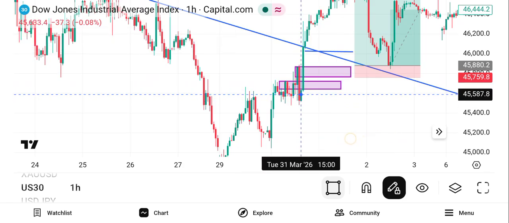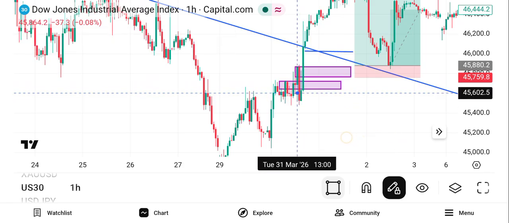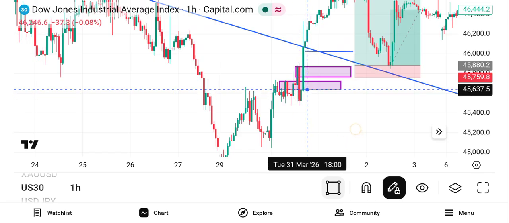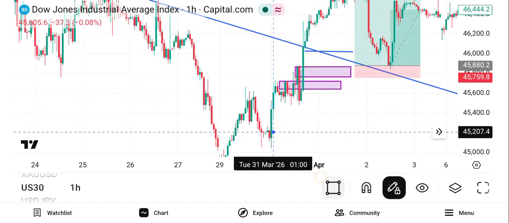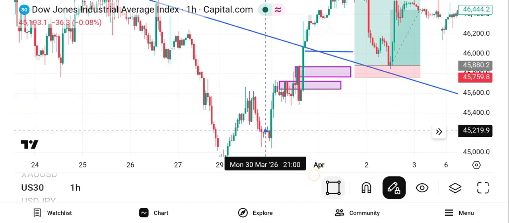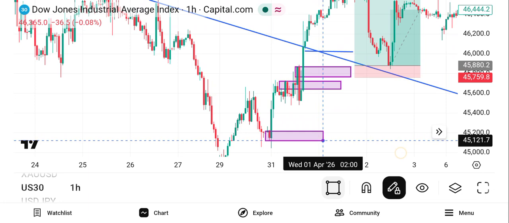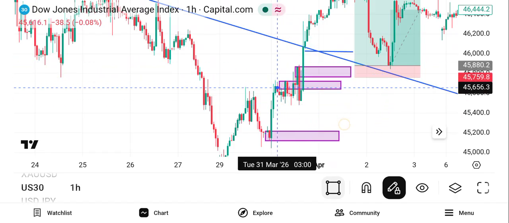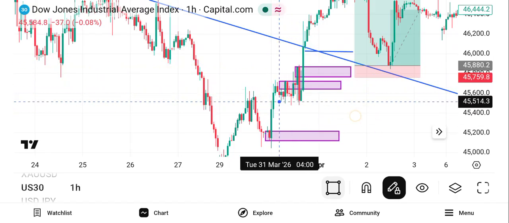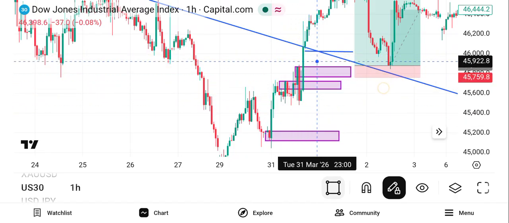There is another POI here, this other block here, but I'm not going to mark it since it's embedded in this one. Then this is another POI here. All right. So now we are getting our double break construction, and we have gotten inducement.